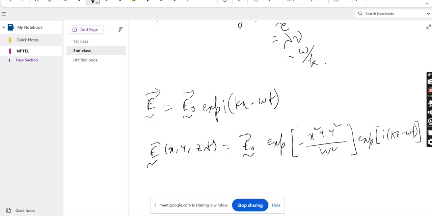And this term basically denotes a Gaussian wave. And what is omega? Omega is basically the beam width. This is the beam width, and this is defined by omega.